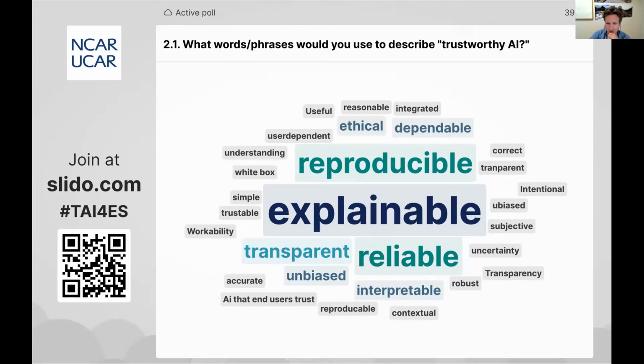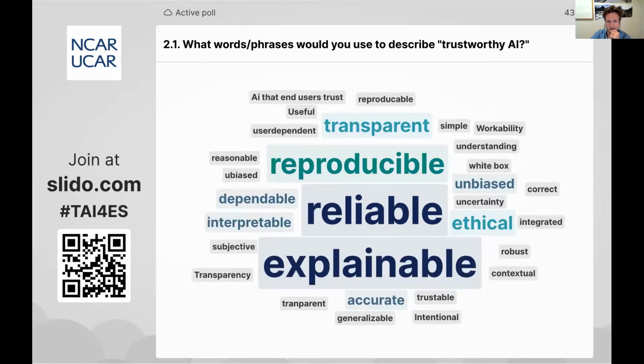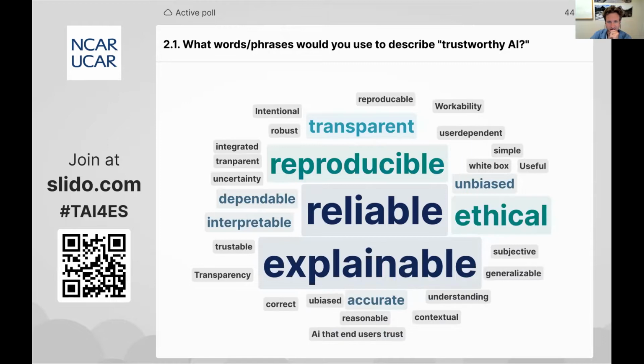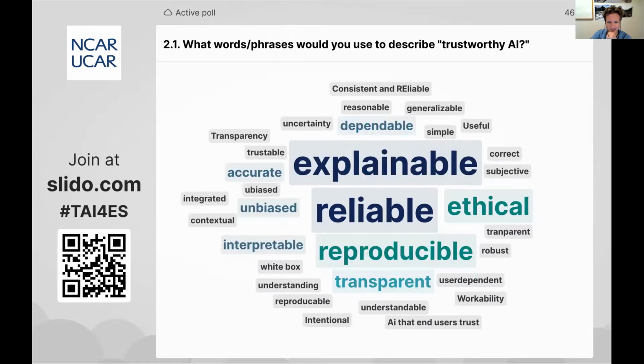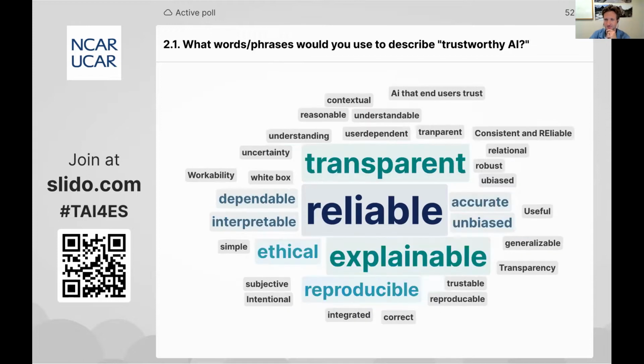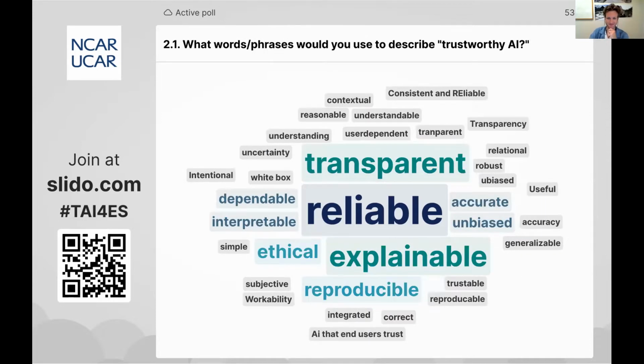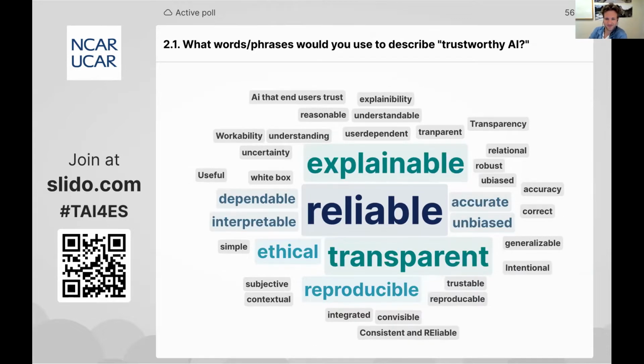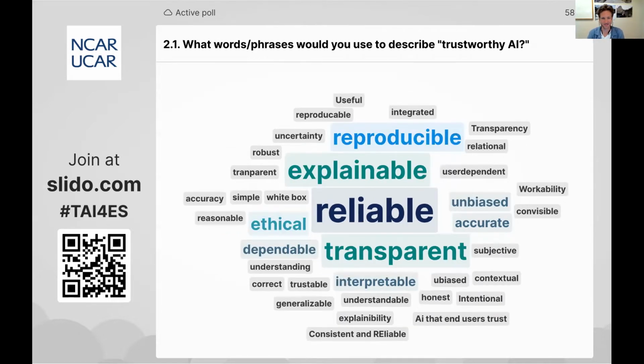Uncertainty, we're getting unbiased, intentional, robust, interpretable, unbiased, great. These are awesome. Reliable is coming in. Okay, perfect. Things are going well. Got the right ideas, a lot of the key terms.